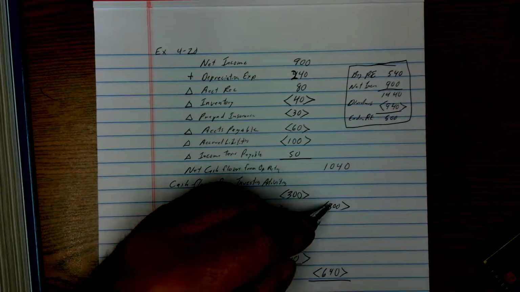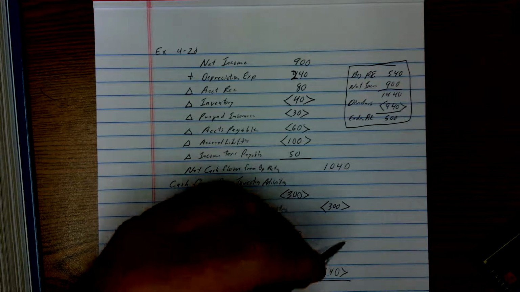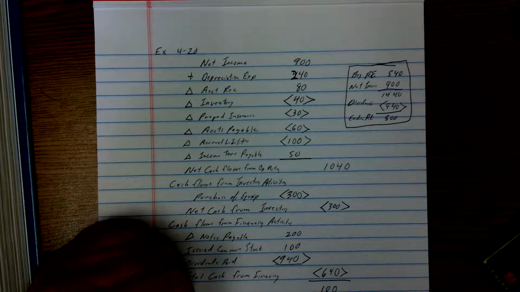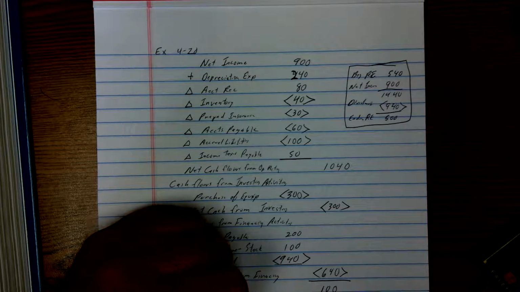So 640 and 300 is 940. 1,040 minus 940 is the 100. And that is our total increase in cash.